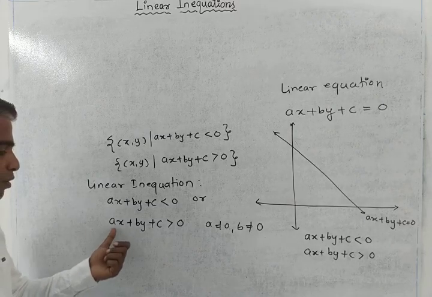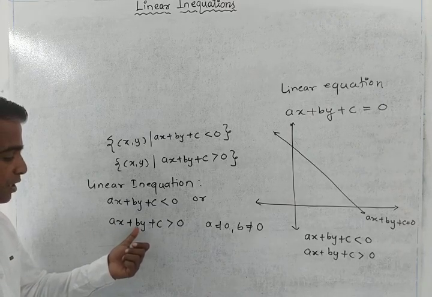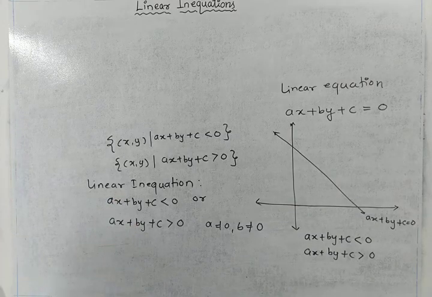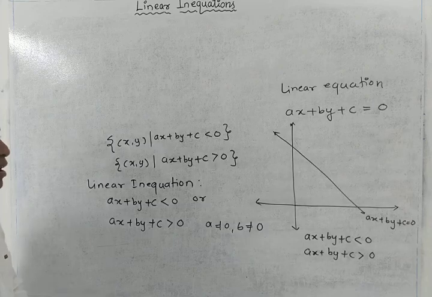If a is 0, then b must be present. If b is 0, then a must be present. Then only it can be considered a linear inequation.